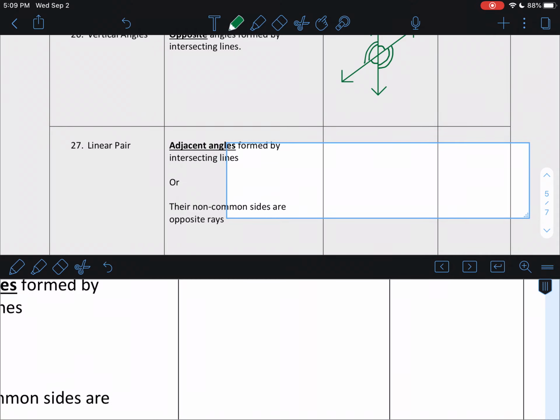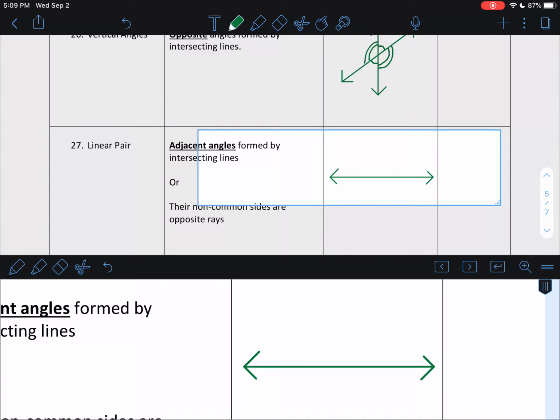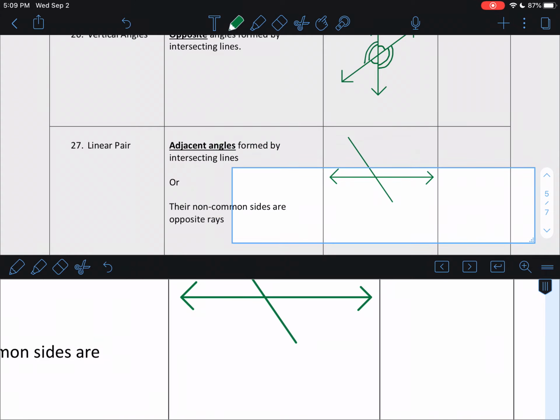So what I'm going to do is I will have a line. And then I have another line going through it. I'll make this line go a bit more.